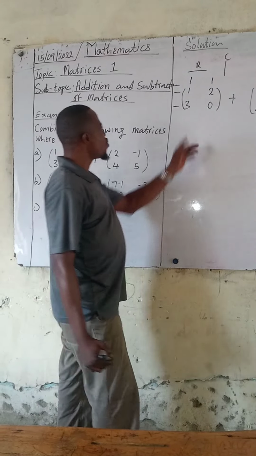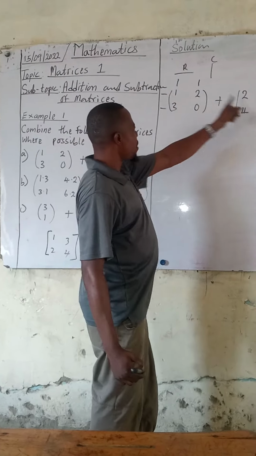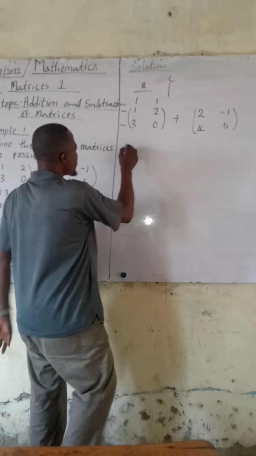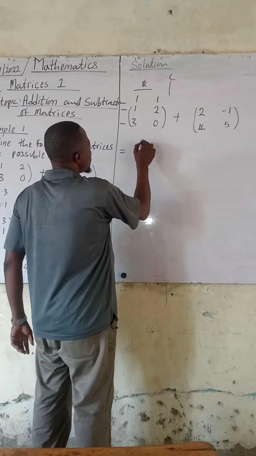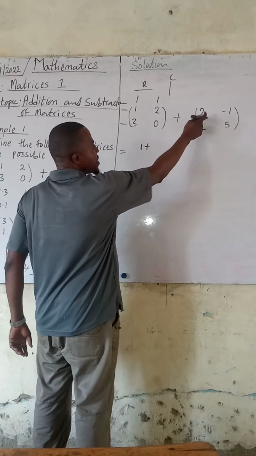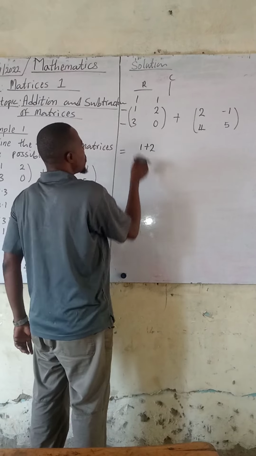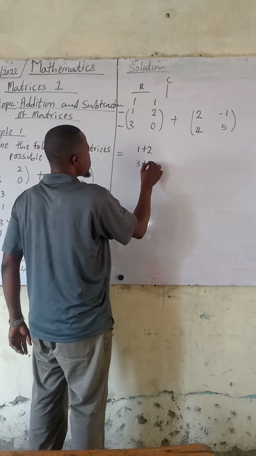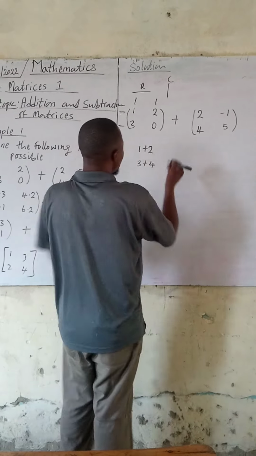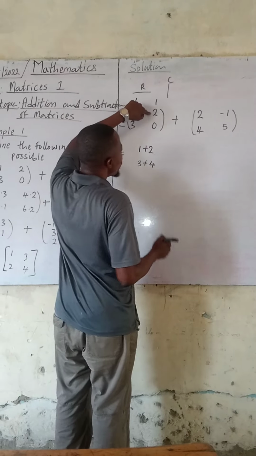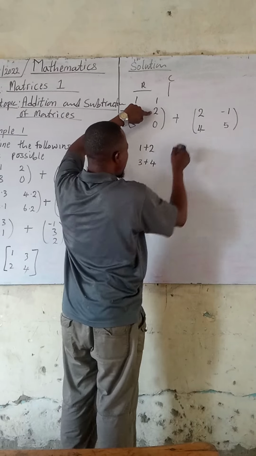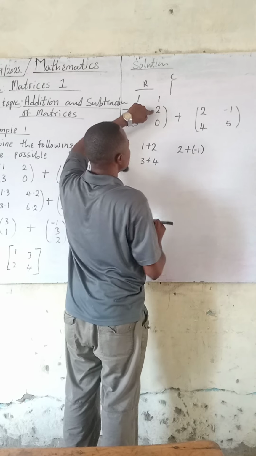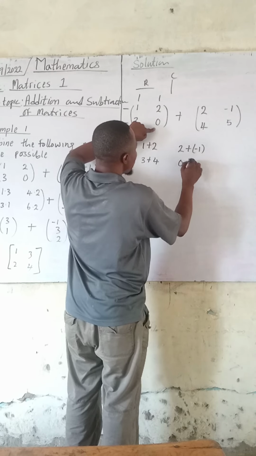So you add the first element here plus the first element in the second bracket. So it will give us 1 plus 2, then 3 plus 4. Are we together? Then you come to the second column: 2 plus the open bracket minus 1. Then you come to 0 plus 5.